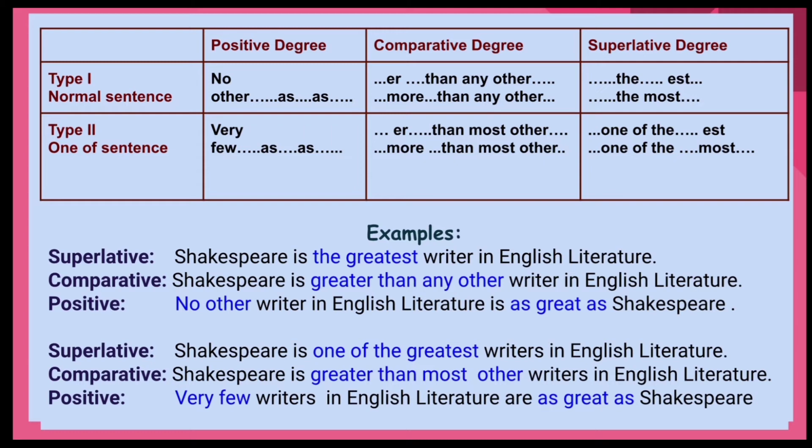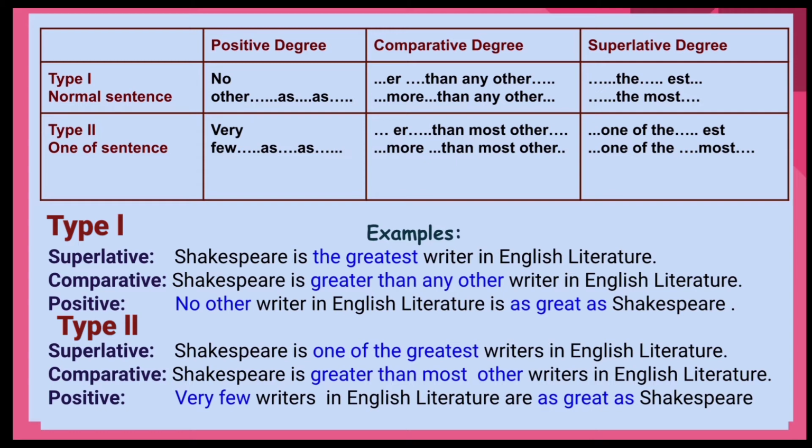Here is a chart where you can find two types of sentences, normal sentence and one-off sentence. Let's see the example and this chart will be clear to you. Shakespeare is the greatest writer in English literature. We come to know this sentence is in superlative degree with the help of the greatest. So we can transfer it into comparative and positive degree. In comparative degree, we are going to use the comparative form of the adjective, than and any other.